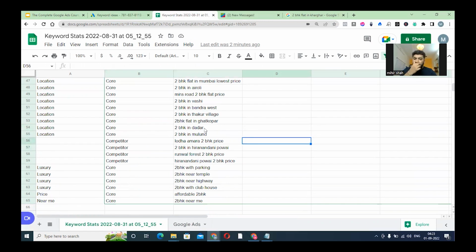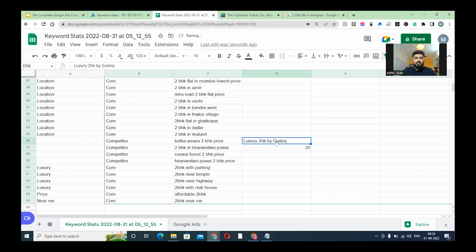So Lodha Amara 2 BHK price, what we're going to do is, instead of Lodha Amara 2 BHK, we are going to outrightly talk about ourselves. Luxury 2 BHK by Godrej. And just put the formula here, len, and give this.